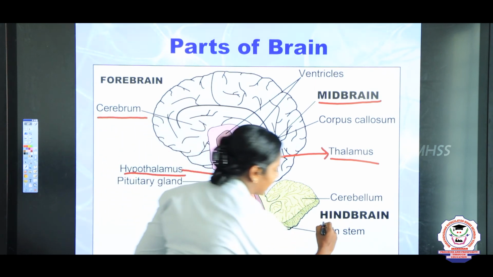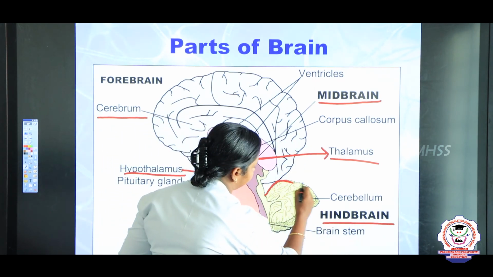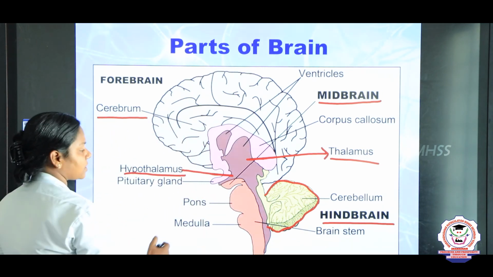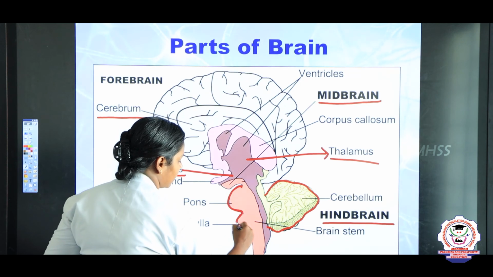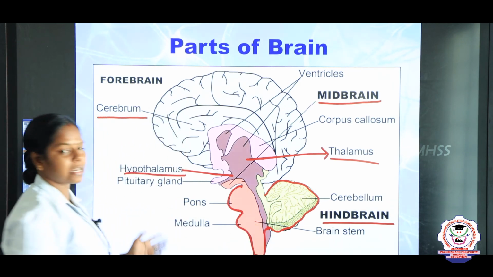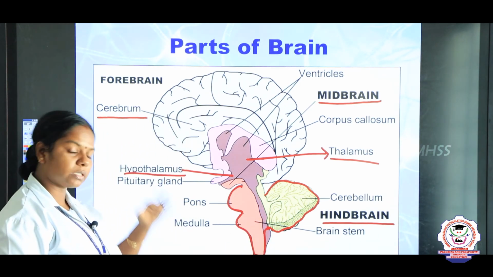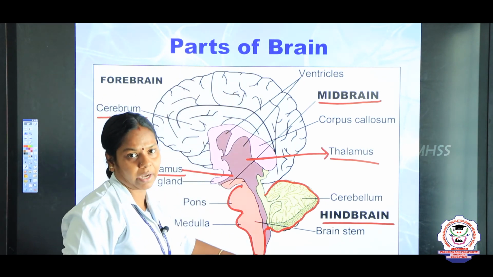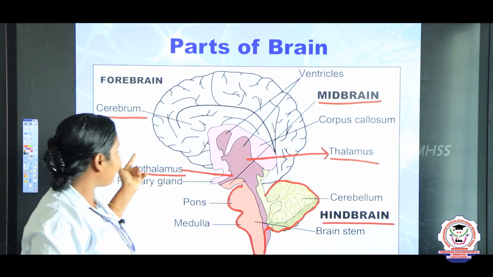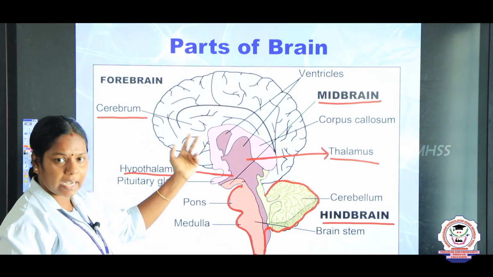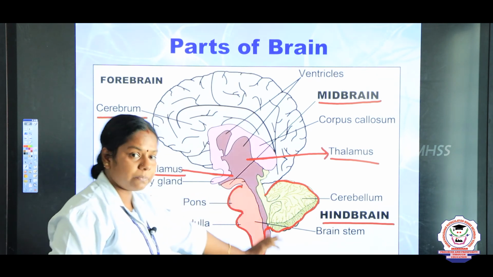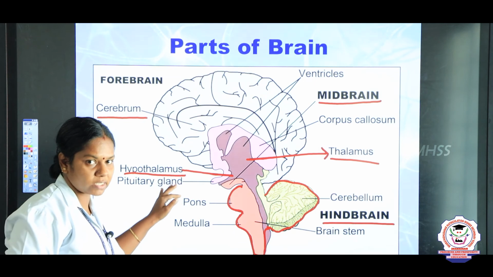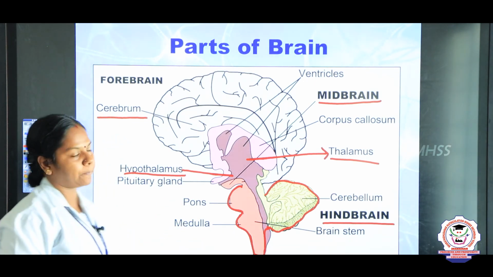Hindbrain consists of the cerebellum, which helps us in control and balance, next, pons and medulla oblongata. These 3 constitute the hindbrain. So what are the 3 parts of the brain, children? Forebrain, midbrain and hindbrain. Forebrain: cerebrum, hypothalamus and thalamus. Midbrain. Hindbrain, what are the 3 parts? Cerebellum, pons and medulla oblongata.